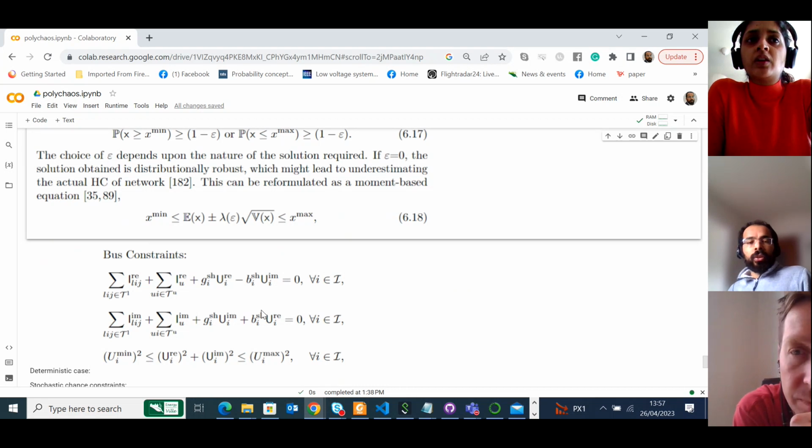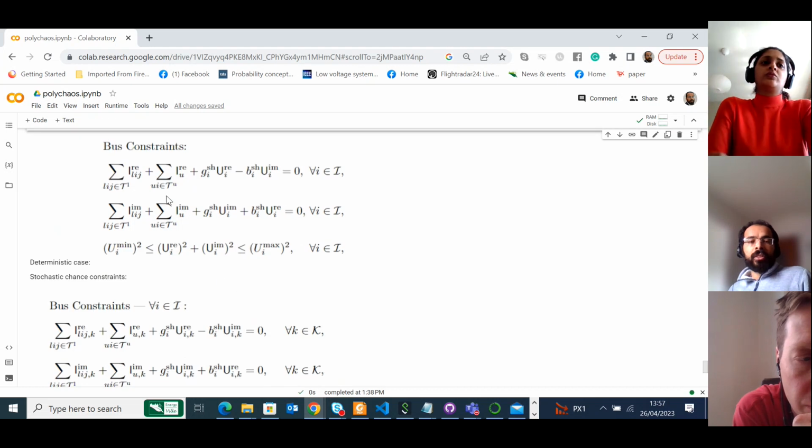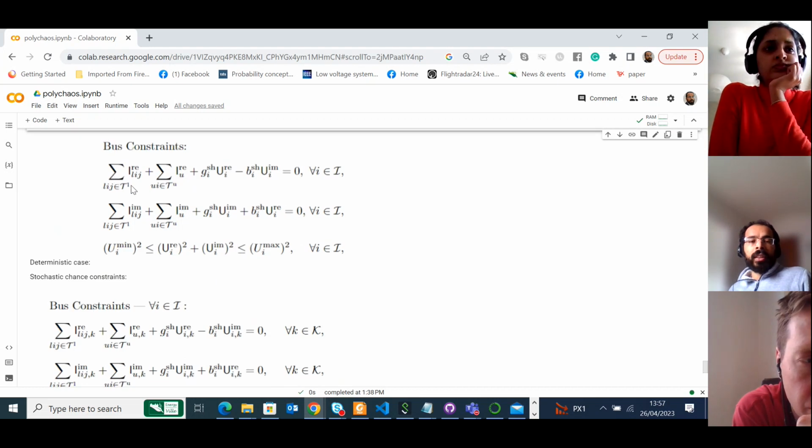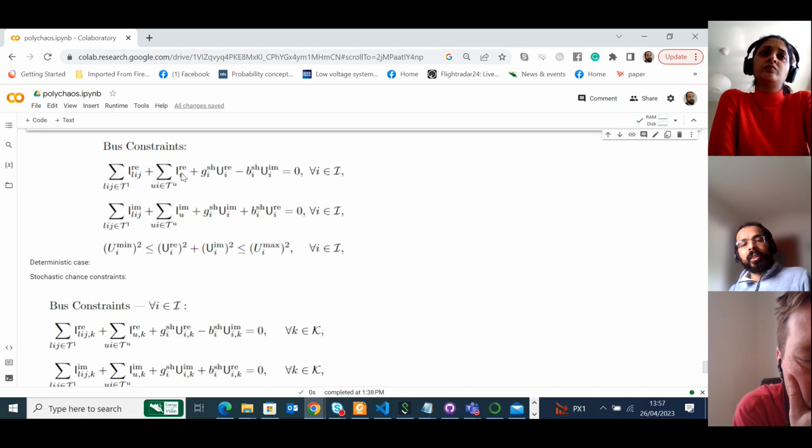Okay. Now I'm going to show you the constraints. It's in an IV formulation, so current and voltage formulation. Kirchhoff's current law, as I said, is linear. The sum of the current in the branch and the current from the units should equal 0.